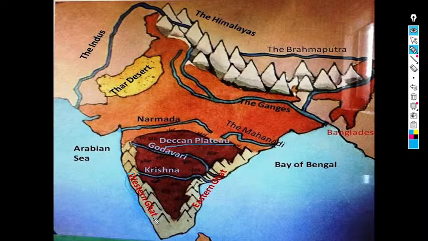This is the Western Ghat here, and this is the Eastern Ghat here, right? And this is the Deccan Plateau, and this is just in between. Here it is the Eastern Ghat and here it is the Western Ghat.